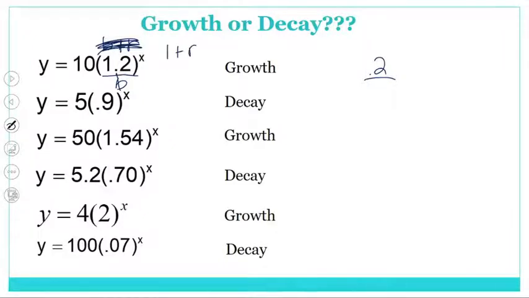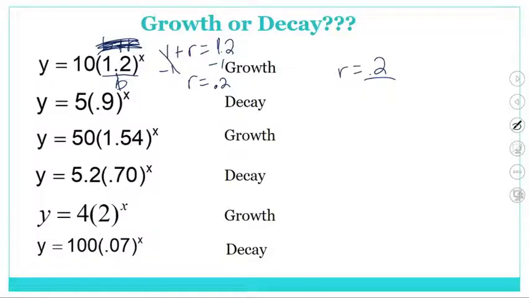Because it's growing. 1 plus r is equal to 1.2. If you want to just take that little equation, you could set it up, and we can subtract 1, and we get that r would equal 1.2 minus 1, which is just 0.2. So you can always use a little equation. Okay, we'll do the same thing for decay in a moment. So 0.2 is our rate. If you want to write it as a percent, it's 20%.